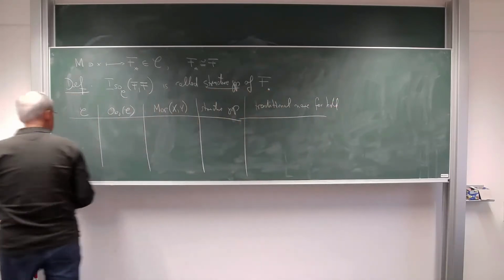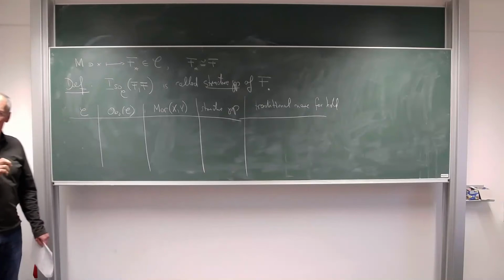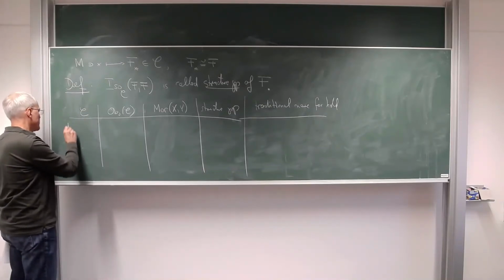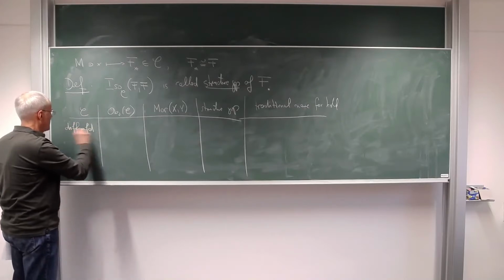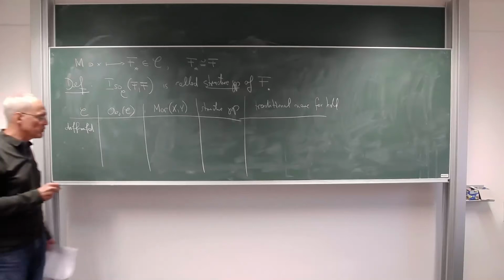Okay, so let's start with, so this has always to be a C-infinity suitable category. So let's start with the canonical one, maybe differentiable manifolds itself. So in differentiable manifolds, well, not all morphisms are isomorphisms, so this category has as its morphisms arbitrary smooth maps.